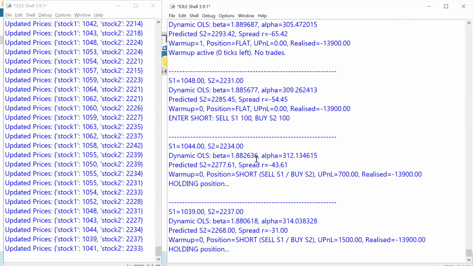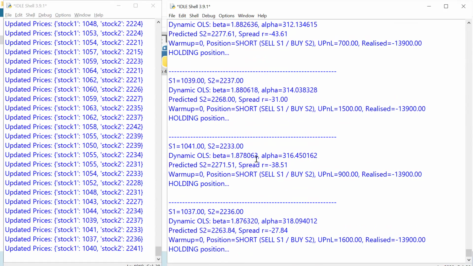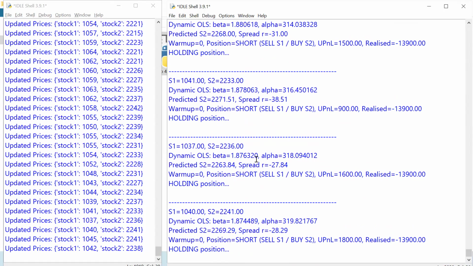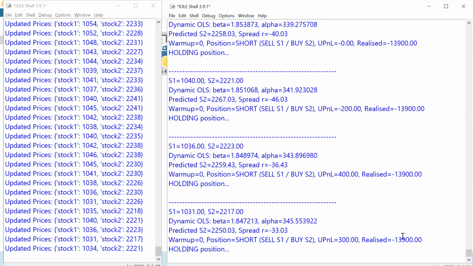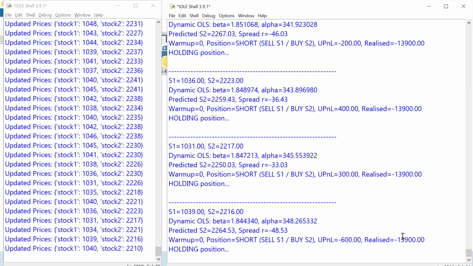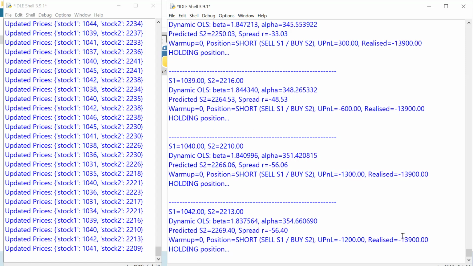Okay, we enter one more trade. I'm waiting for it to come to at least minus 10,000, and then I'm going to stop, or minus 15,000. Either way I'm going to stop it.